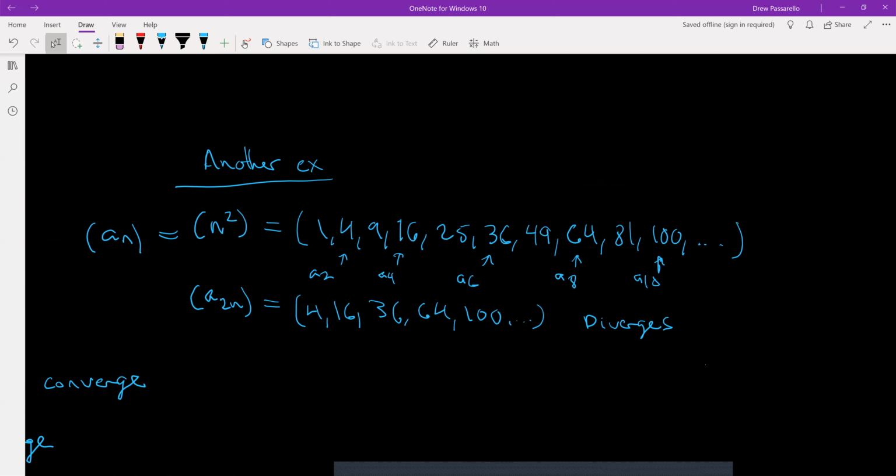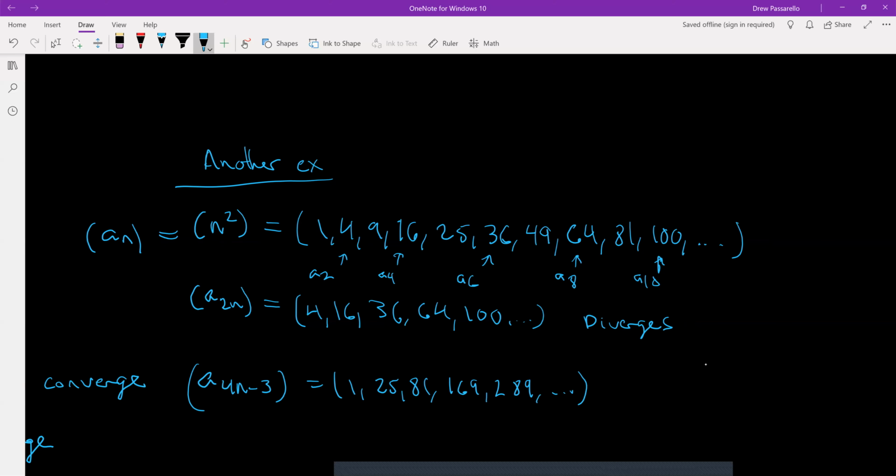As another example, if I pulled the terms where it's a_{4n-3}, you'll have the following. It'll be like 1, 25, 81, 169, 289, then it keeps going.